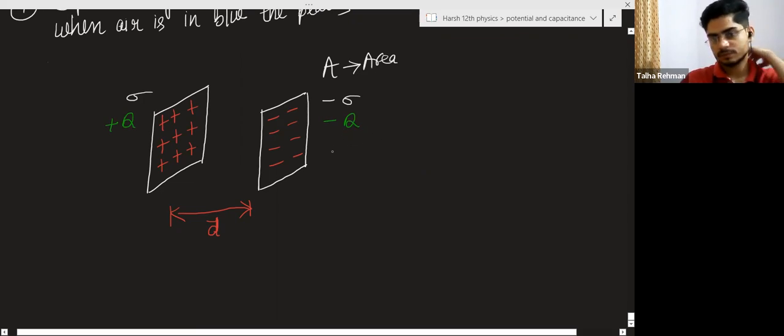So Harsh, now we will calculate the electric field outside the plate, in between the plates, and at three locations. Suppose this is location P, this is location Q, and this is location R.